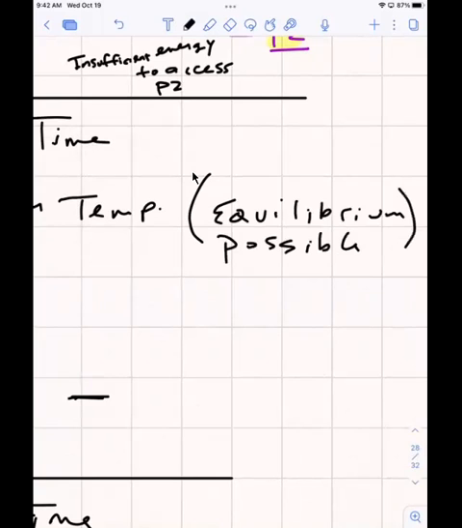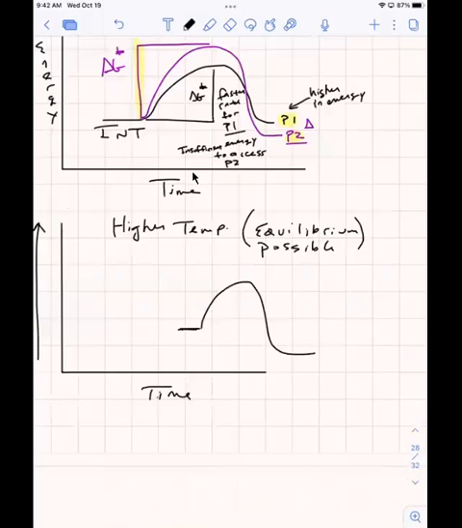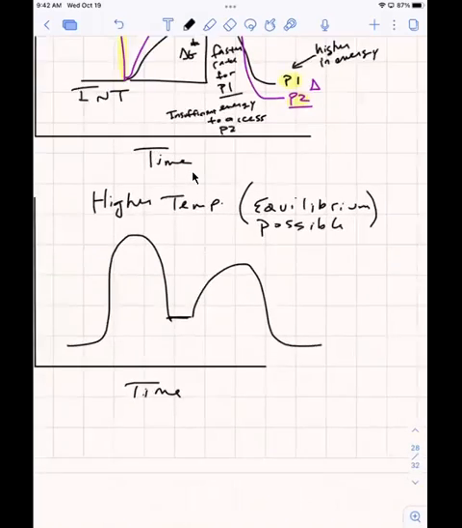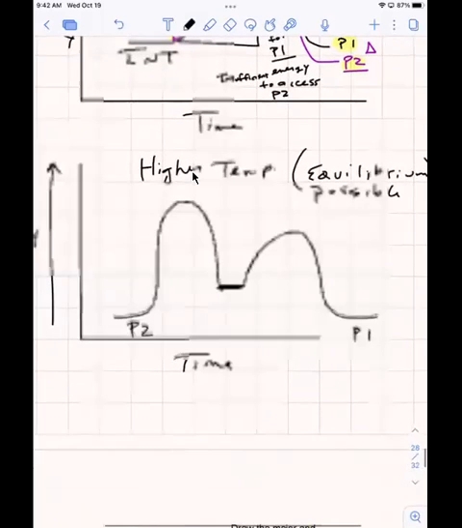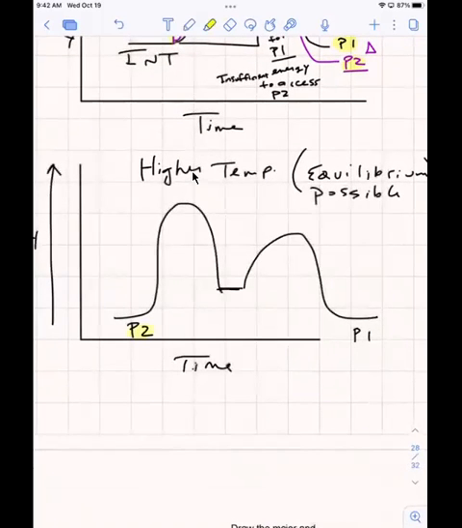All right, so here you'll have, so this will be P1, this will be P2. Right, so you notice P2 is lower in energy than P1, still has a higher activation energy.